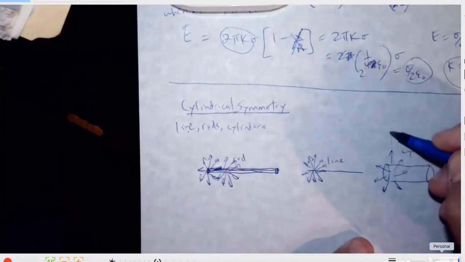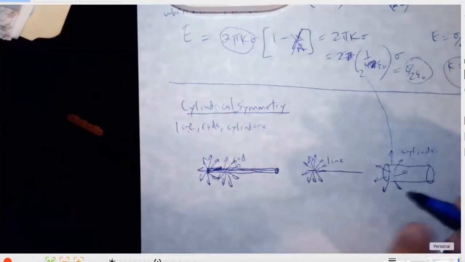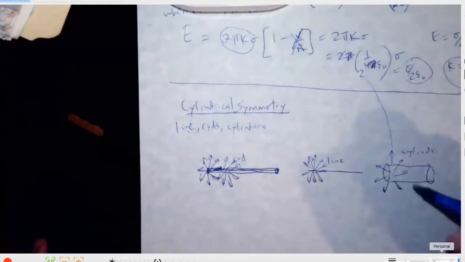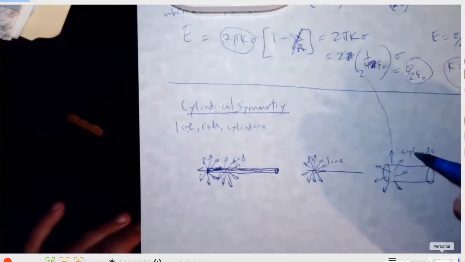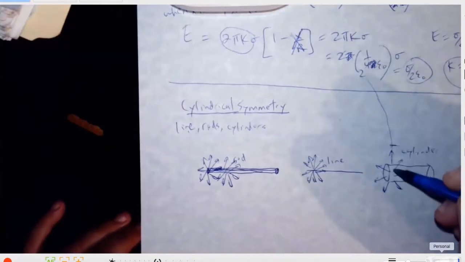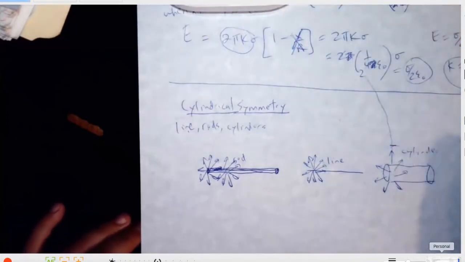After a while, it begins to diverge, right? And when you go far away, they also should look like a point charge. In other words, nature's default symmetry is spherical. Point charges and spheres have spherical symmetry. So the electric field of a cylinder stays cylindrical for a little bit, and then after that, it starts to turn into spherical.